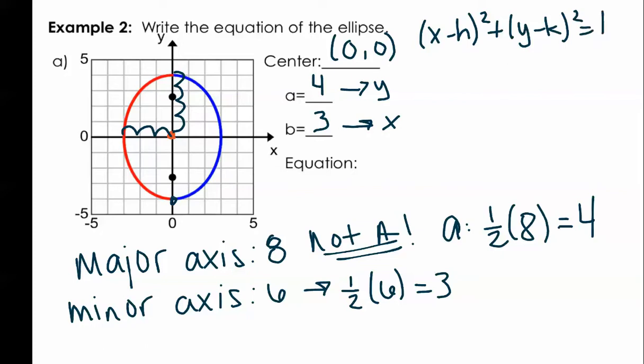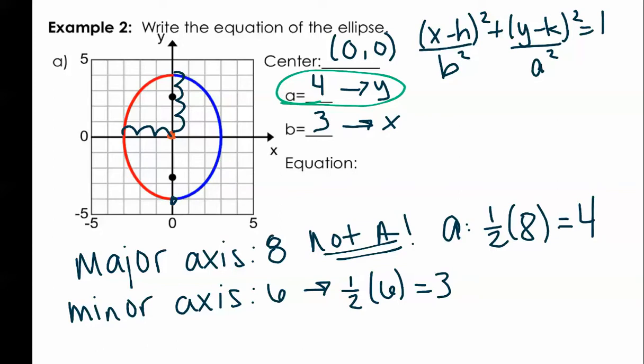In this case, our a squared is underneath our y because we already decided that a went with y, that our major axis was parallel to the y-axis, which means that b squared would go under the x. So now we have all that information. We can just plug in all the good stuff.